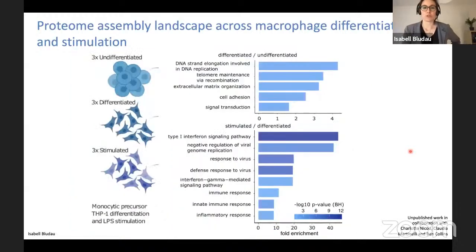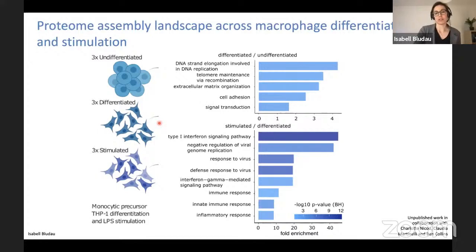So now I would just want to show briefly what kind of biological mechanisms we could detect in this setup of macrophage differentiation. We could see that generally the proteins that underwent any kind of assembly rearrangements are enriched for terms related to extracellular matrix organization and cell adhesion, which makes sense regarding the morphologic change that the cells undergo during this differentiation process.